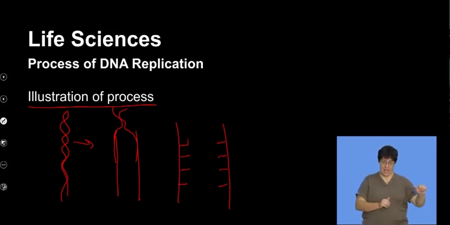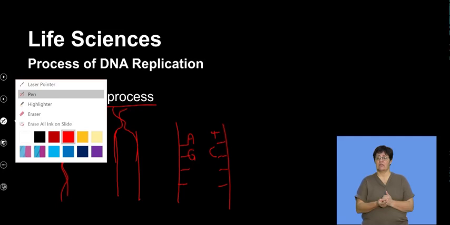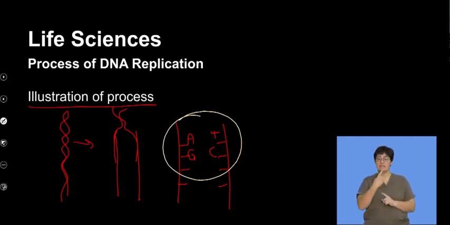So if you have an adenine here, you've got a thymine there. If you've got a guanine here, you've got a cytosine there. And all of this is happening through the enzyme which is surrounding this, which I've indicated as DNA polymerase.